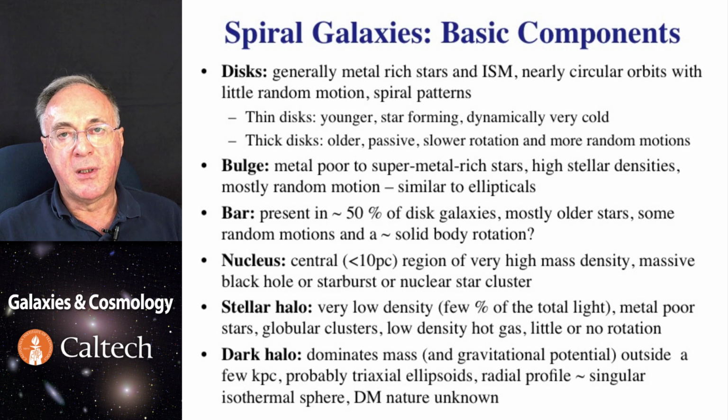The bulges are essentially little ellipticals in the middle of spirals. Not all spirals have bulges. Some simply have disks that go all the way to the middle, maybe rounded off, but no distinct elliptical-like component. Now, unlike Baade's original idea of population 2 stars, which are supposed to be metal poor, stars in the halo are metal poor.